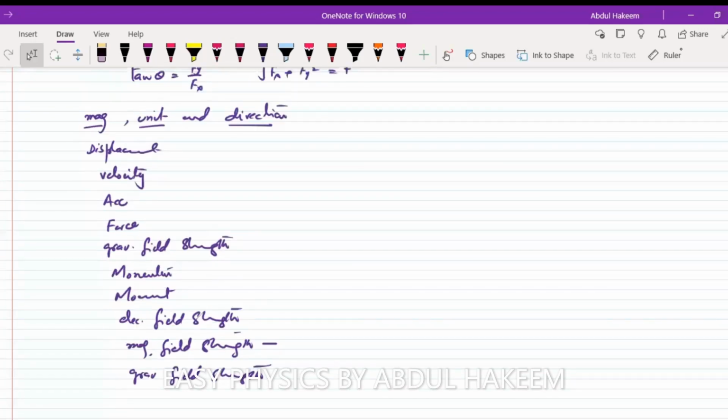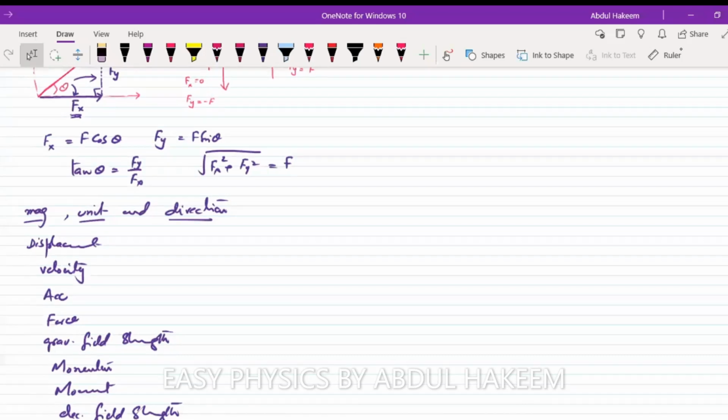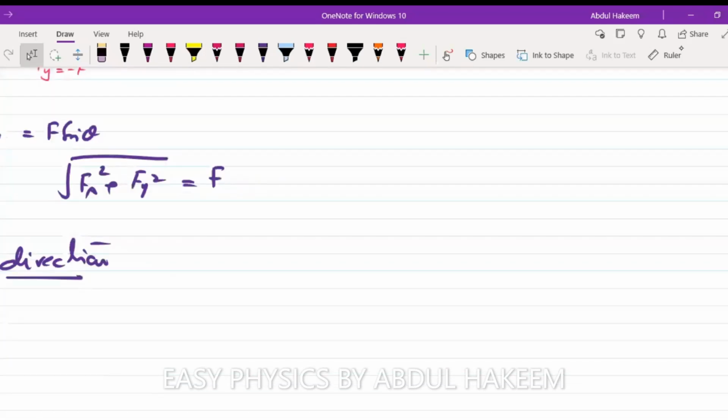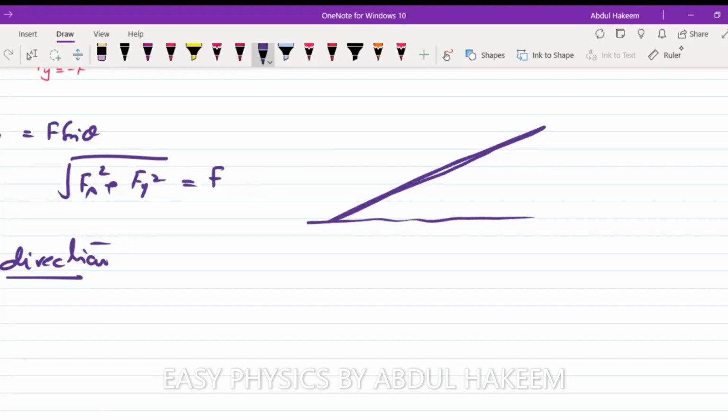Now, the application of the components is this. If this is the slope, a frictionless inclined plane, making some angle, suppose theta, with the horizontal.